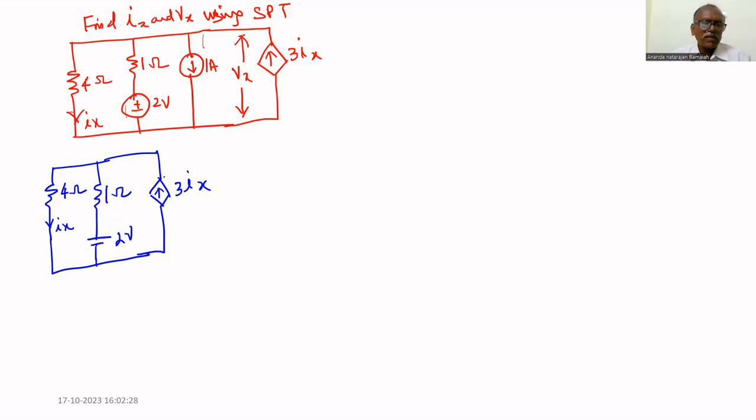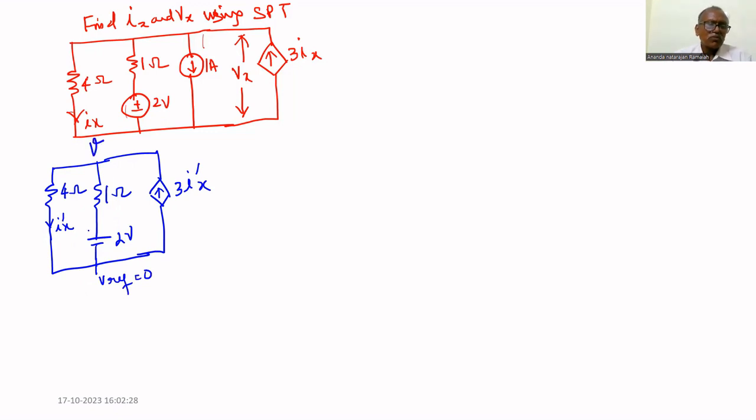Now let us find this Ix. Because we are considering only one source, this Ix becomes Ix dash. We have to find Ix dash. Let us use nodal analysis. This is the reference, V equal to 0.